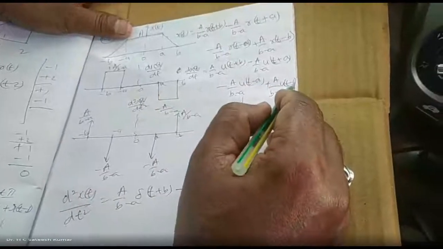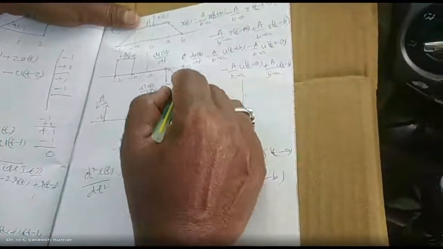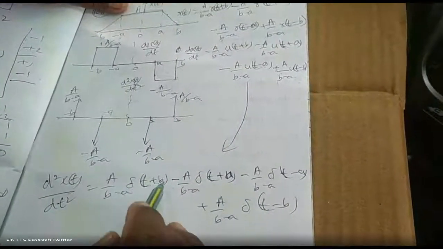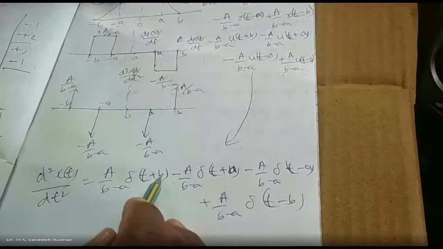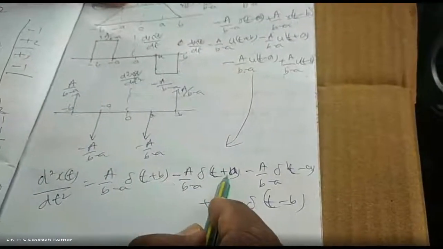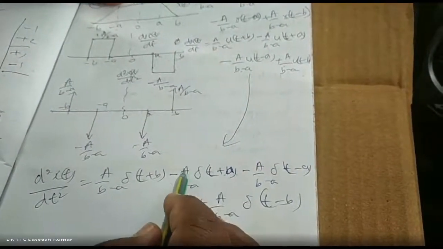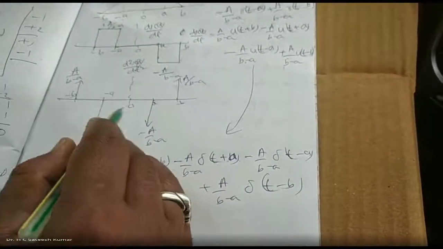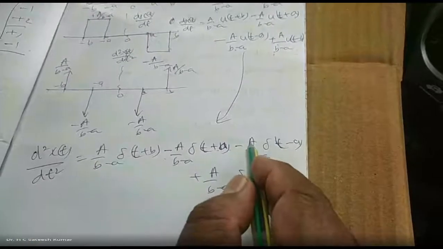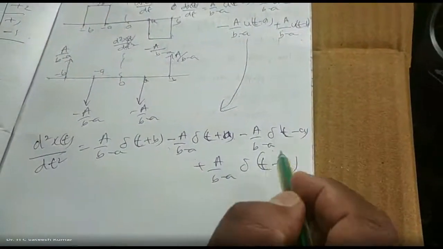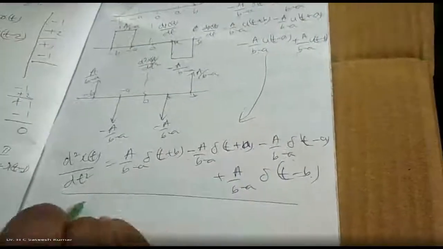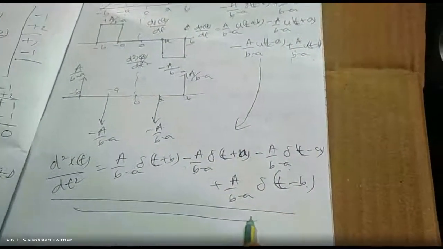Next, at b, up by a divided by b minus a. Similarly, you check this one out. At t equal to minus b, amplitude is a divided by b minus a. At minus a, amplitude is minus a divided by b minus a. At a, amplitude is minus a divided by b minus a. At b, amplitude is a divided by b minus a. So that's how we should do it.